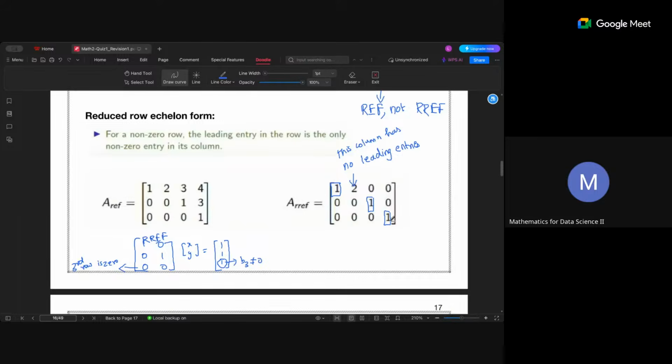Any column containing a leading entry should have exactly one 1, and the remaining entries are 0. But if the last leading entry wasn't there, then it can have any number here.